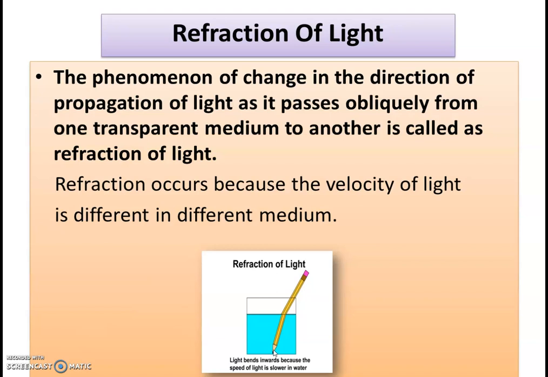So when the light rays are coming from one transparent medium into another, there is a change in the direction of propagation of light, and that's why we see that the pencil is bent. Actually, the pencil is not bent, but this phenomenon is only observed due to refraction of light.